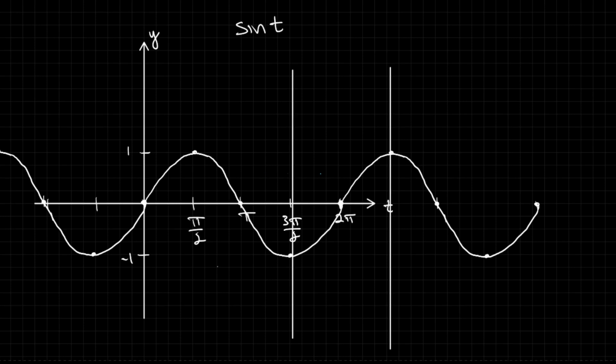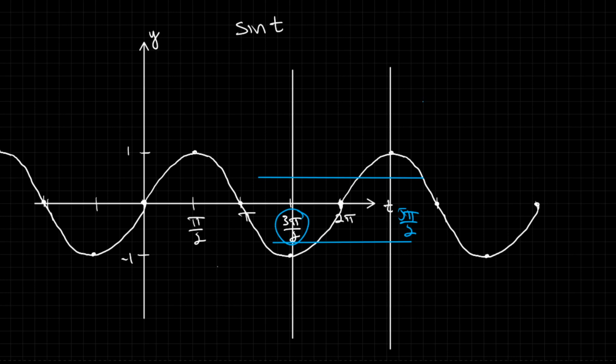Any horizontal line that you draw only intersects the graph once in between 3 pi over 2 and 5 pi over 2. Of course, outside of my vertical lines, there's other intersections, but again, we are deleting outside of these vertical lines that I've drawn between 3 pi over 2 and 5 pi over 2.